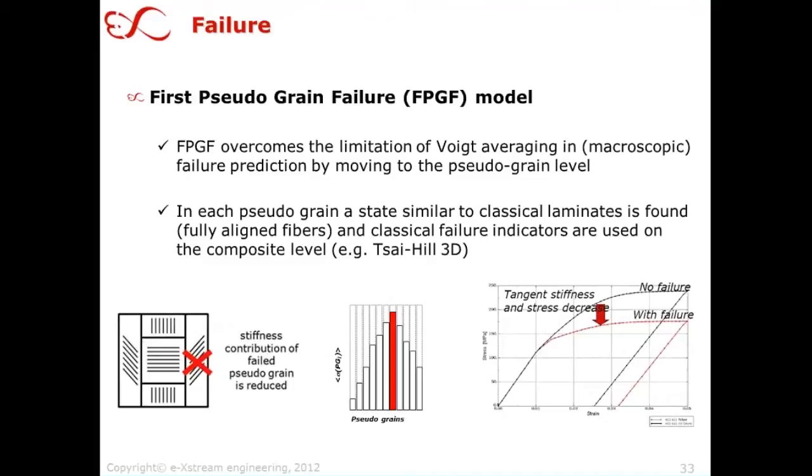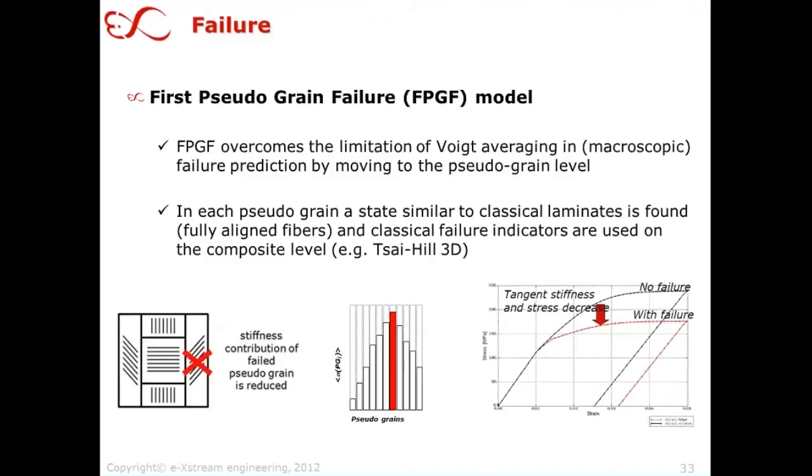So for example, Tsai-Hill 3D failure for the composite is predicted for each pseudograin. And what we have is that the grains then fail one by one. For example, here in the stress distribution, the pseudograin with the highest stress would fail, whereas all the other pseudograins are sufficiently low in the stress level and they would not fail.